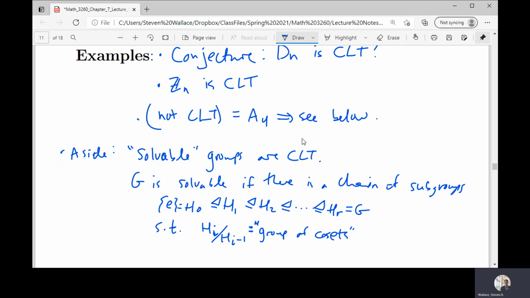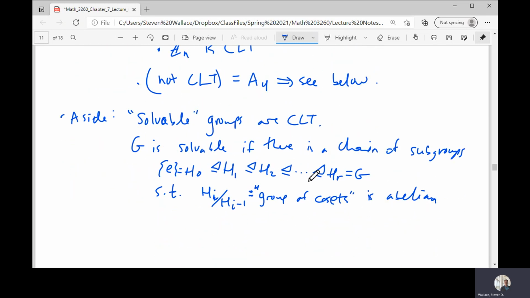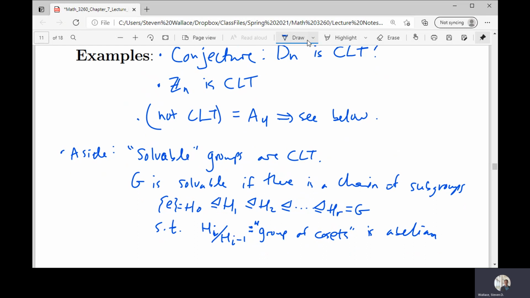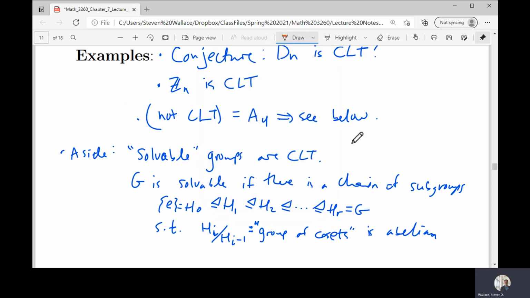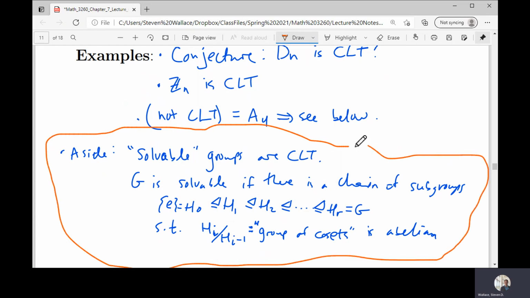So this symbol here is just the group of cosets. It's like a division. Is always abelian, for every I, right? Then you have a solvable group. Okay, those are CLT. This is really not necessary yet, but if you want to read on about those things, you can.